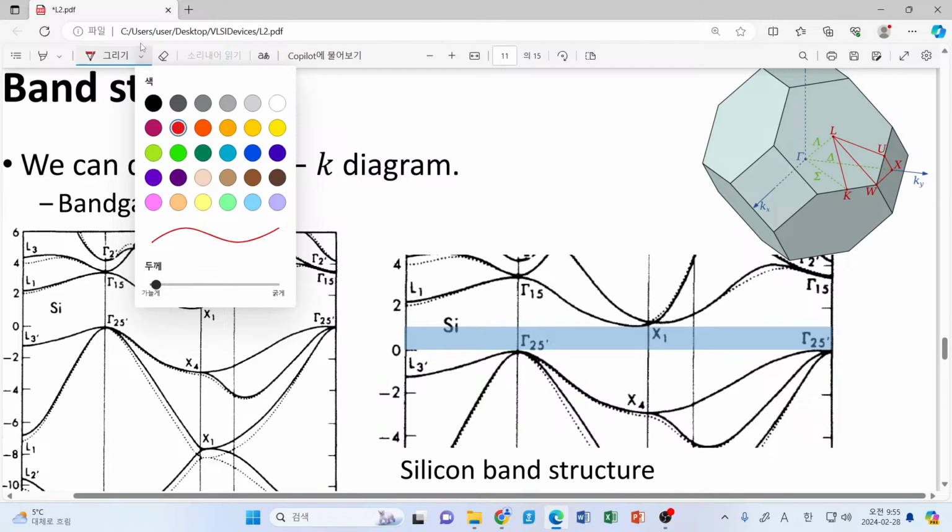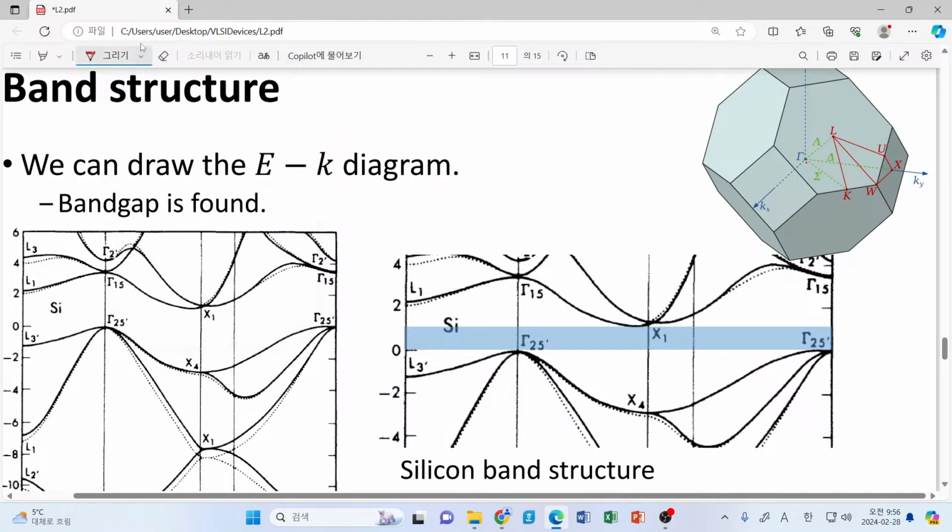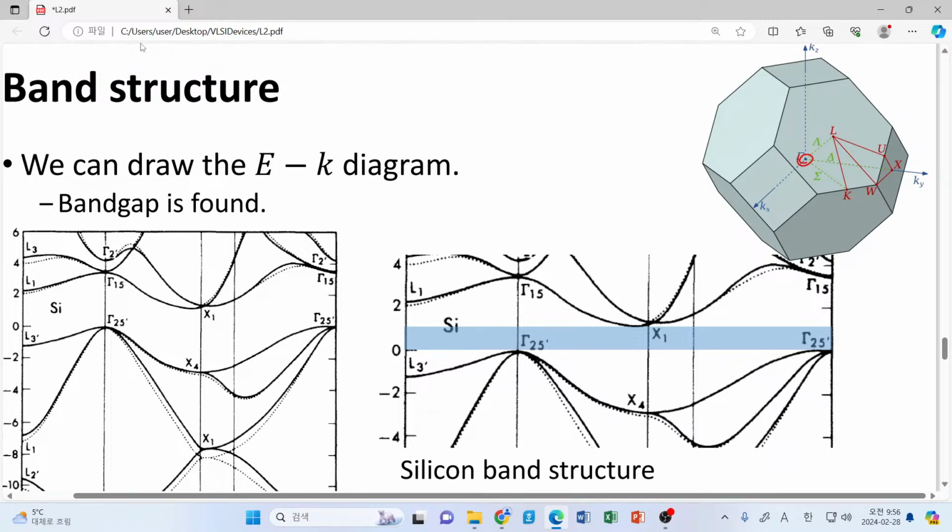For example, in principle we must find every E-k relation in this entire first Brillouin zone, but the typical way is to calculate or draw in this way, starting from the gamma point. Then follow a certain branch to the X point, which is a highly symmetric point, and there is another point called the L point, and we just follow this branch.